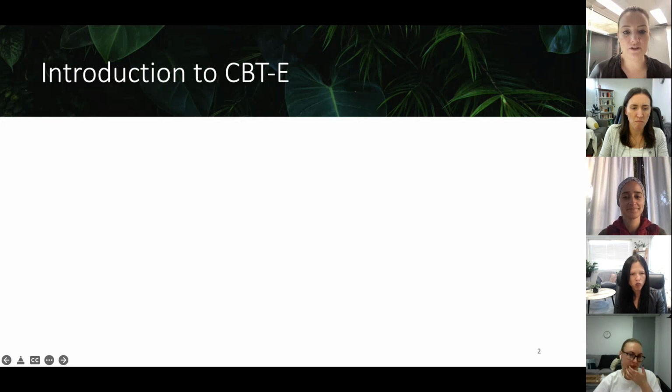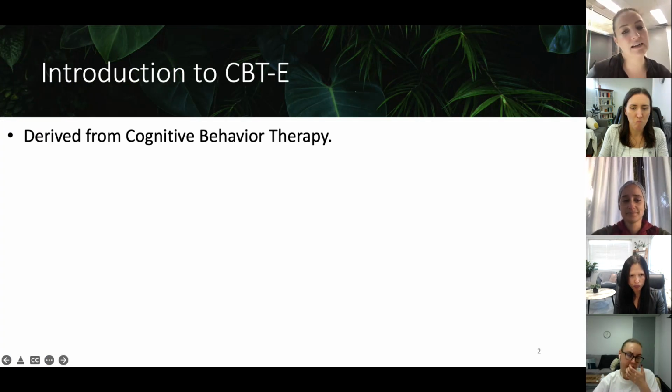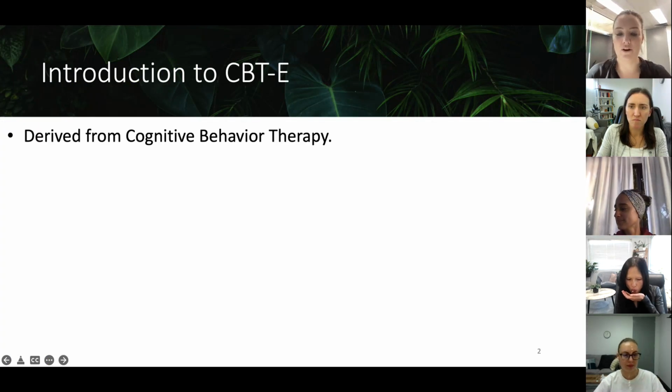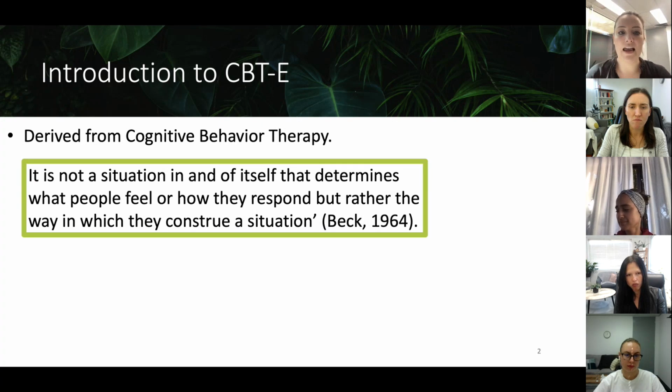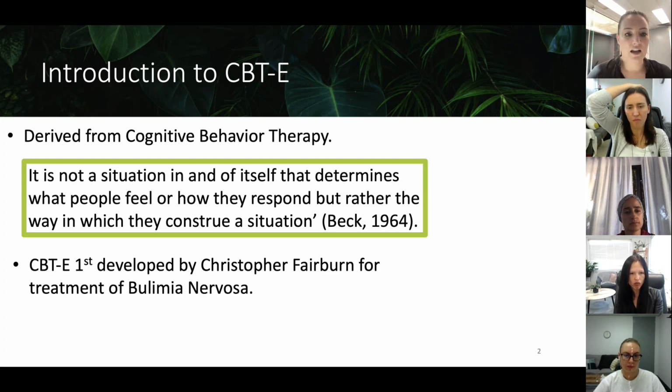So just an introduction to CBT-E. You're probably all very aware that it's derived from CBT by Aaron Beck. And Aaron Beck describes in his introductions to CBT that it's not the situation in and of itself that determines what people feel or how they respond, but rather the ways in which they construe a situation.